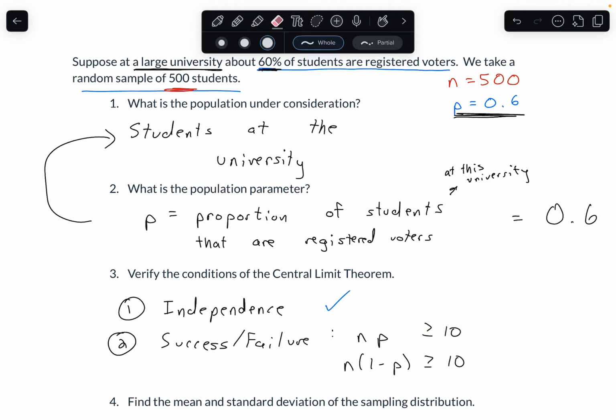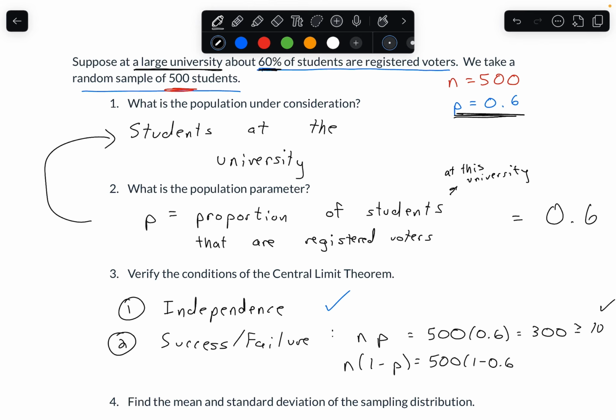So here I do have just a bit of calculation to do. So n times p, well, that's going to be 500 times 0.6. So in this case, I'm going to grab my calculator. 500 times 0.6 is 300. Well, that is certainly greater than or equal to 10. So yes, we do meet that condition. And then I want 500 times 1 minus 0.6.